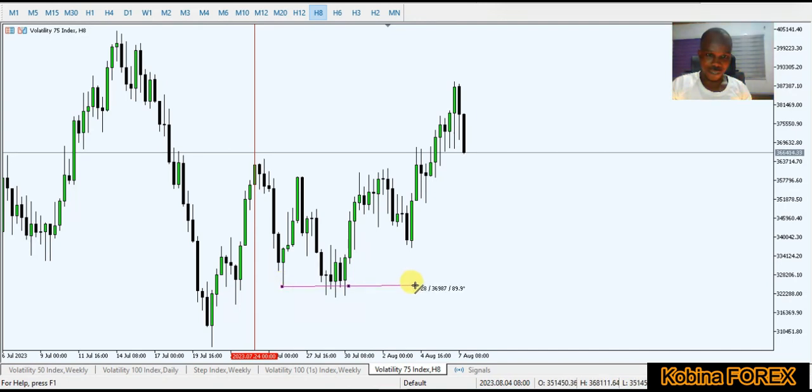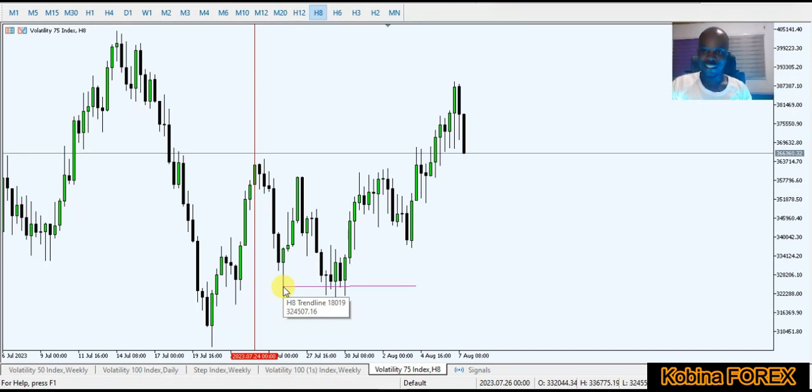Price had to come and sweep. I would have regarded it as a long-term low if it was able to sweep just the immediate high. It couldn't, so I regarded it as a short-term low.